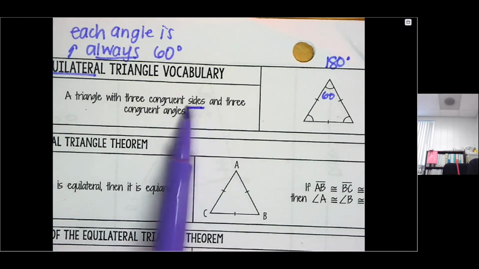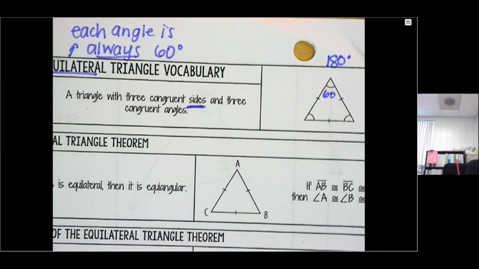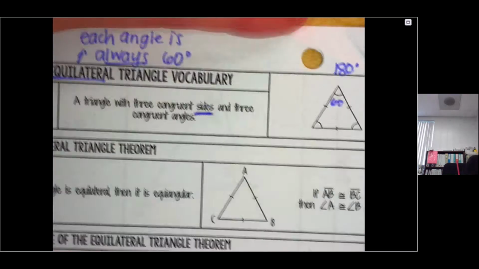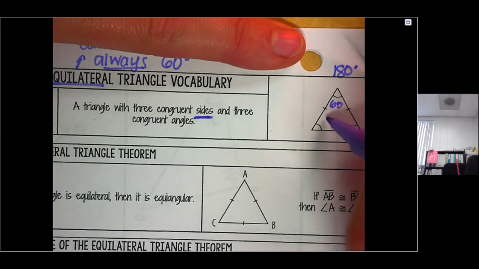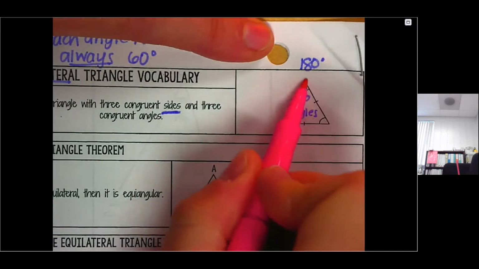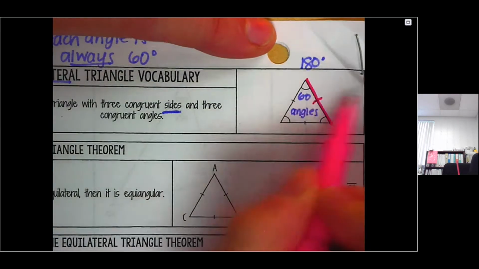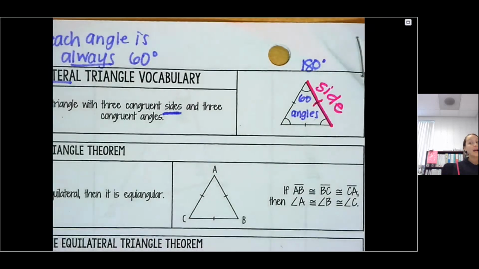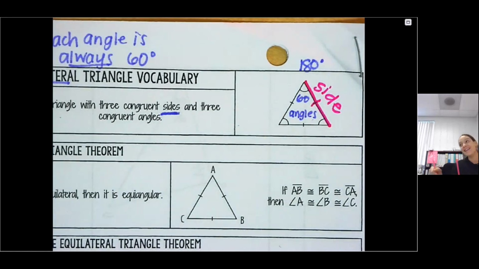Okay, how about we do this? These are angles. This is a side. So if it's on the outside, it's a side.